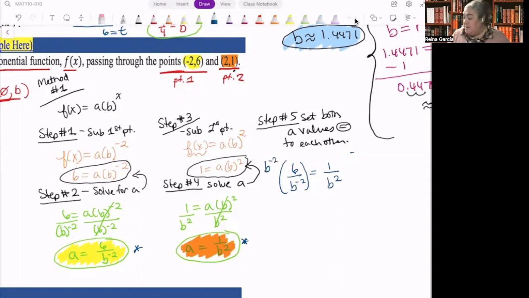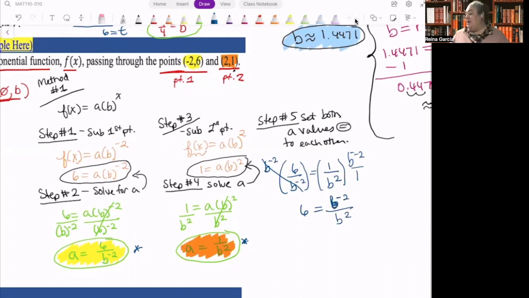And whatever we do on one side, we have to do to the other, okay? Now on this side, they cancel and leave a 6 by itself. On this side, b to the negative 2 over 1 times 1 over b squared becomes b to the negative 2 over b squared. And let me fix that b there. That keeps looking like a 6.